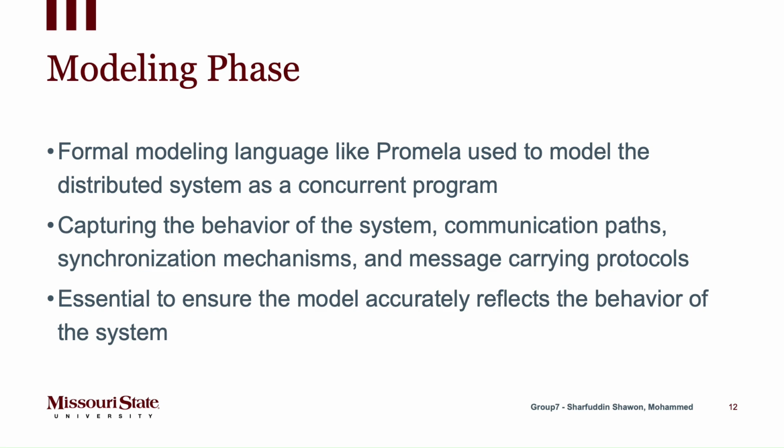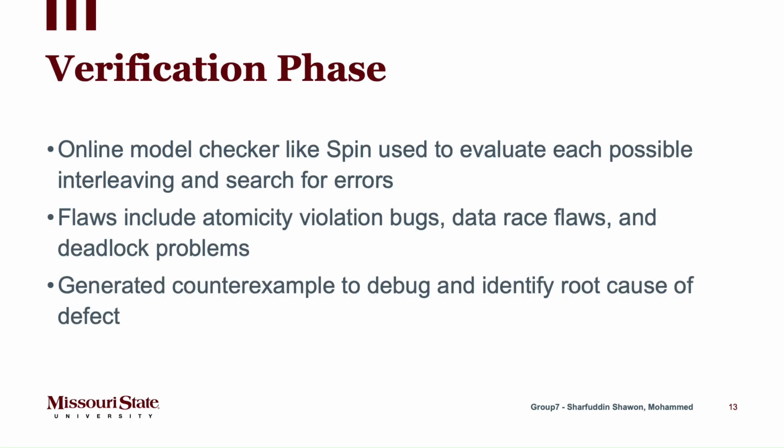And following the model stage, the model is put through a verification to look for concurrency-related flaws, such as atomicity violation bugs, data race flaws, or deadlock problems. The verification is done via an online model checker called SPIN.